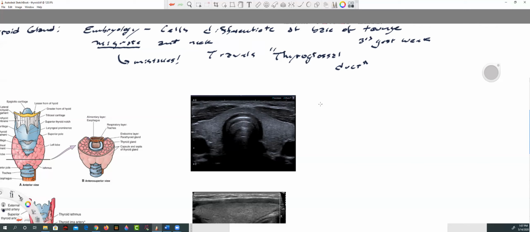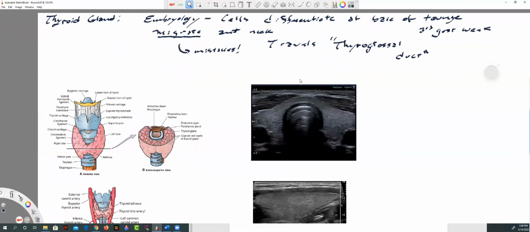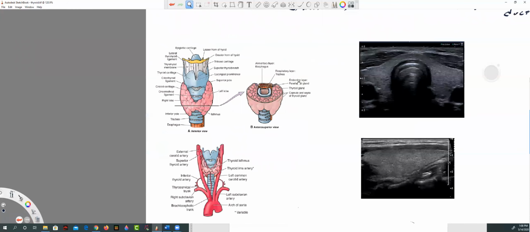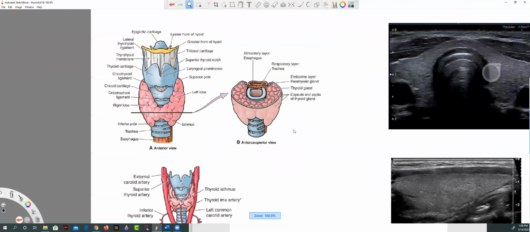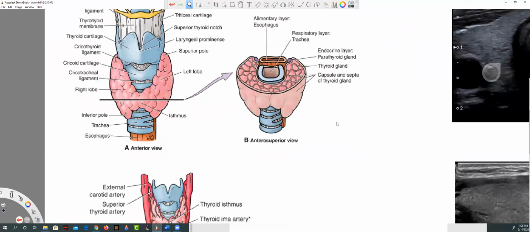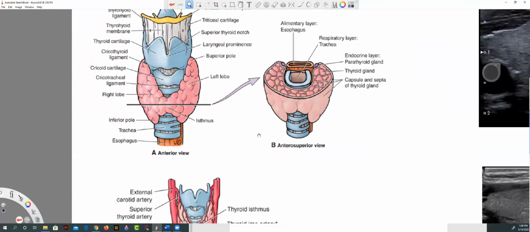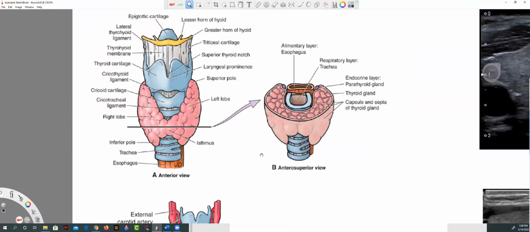It should be annihilated. It will go away. I can't think of the correct term for that, but anyhow, that's pretty much all I have to mention for embryology: it starts at the base of the tongue and migrates. So now let's look at basic anatomy of the thyroid gland and a little bit of the surrounding features.